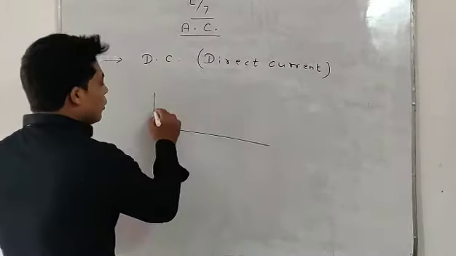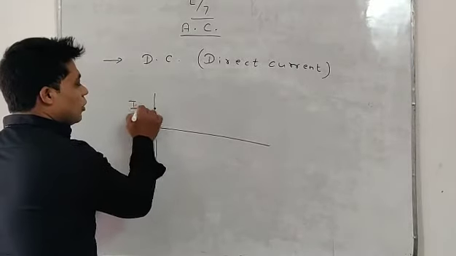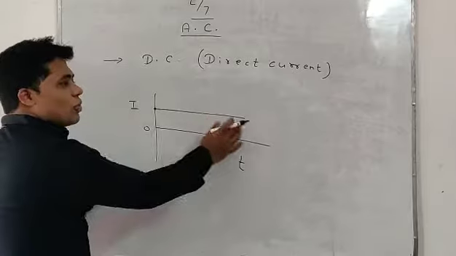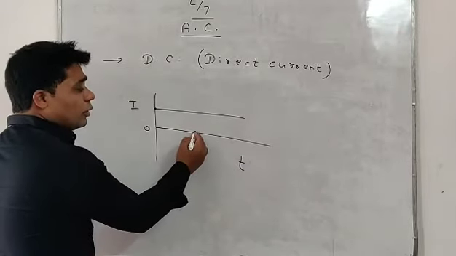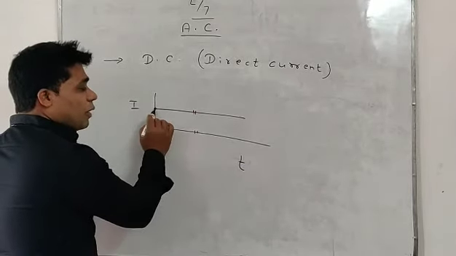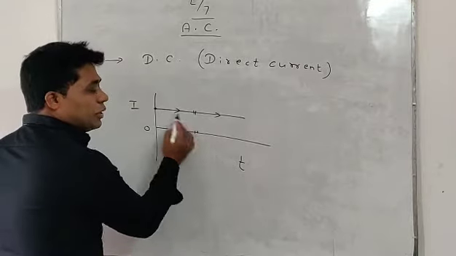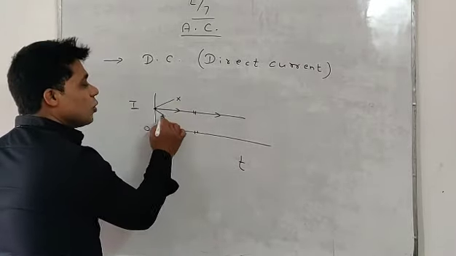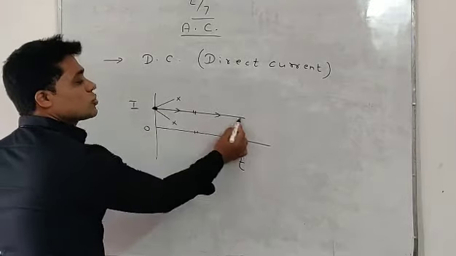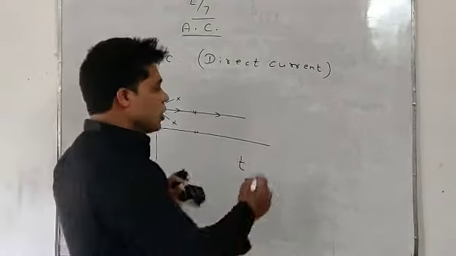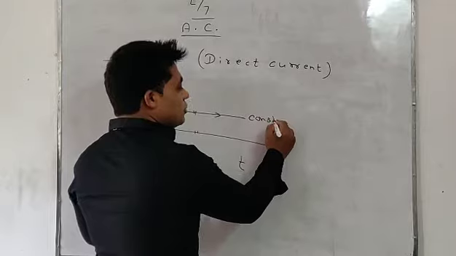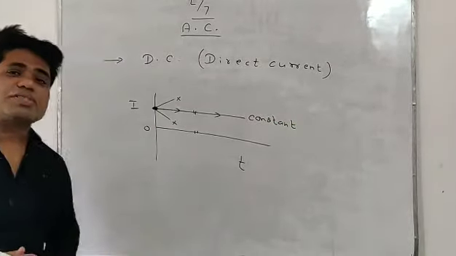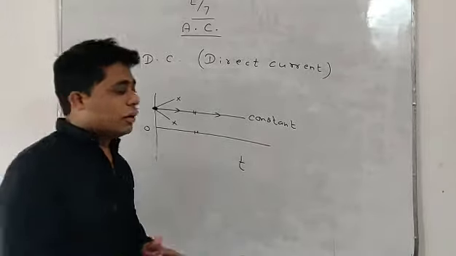Look at this: this is a particular value of current, and the graph extends towards the right, parallel to the time axis. The graph shows that time increases, but the current neither increases nor decreases. It remains constant. So when the current remains constant with respect to time, with its magnitude as well as direction constant, such current is said to be DC, direct current.